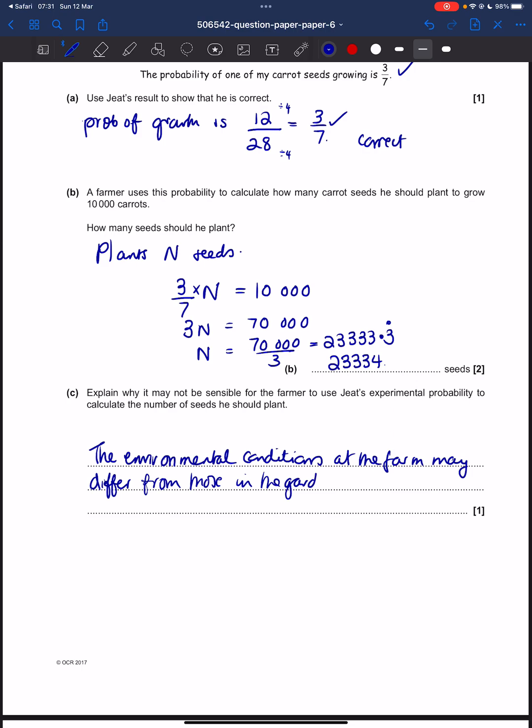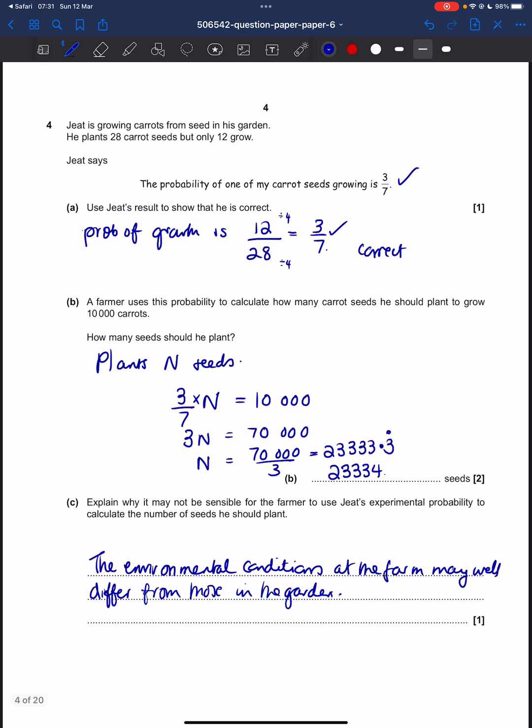But also, his data is just from 28 seeds. And there's a big difference between 28 and 10,000.